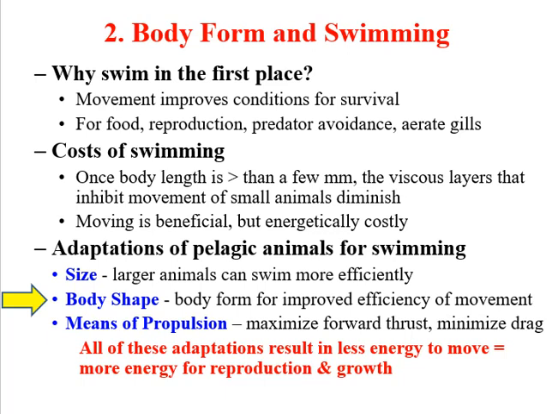Osmoregulation requires a lot of energy, but so does locomotion, muscle contraction. If you look at muscles, there's very high density of mitochondria, very large use of ATP. So it's not cheap to swim, but if you do swim, then you have all those advantages: food, reproduction, predator avoidance. So if you can move, it's very beneficial.